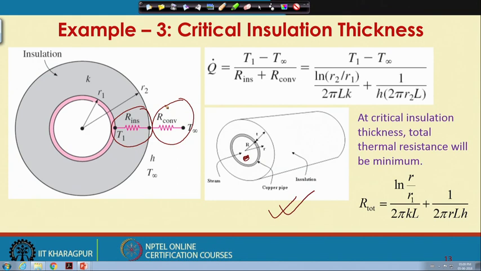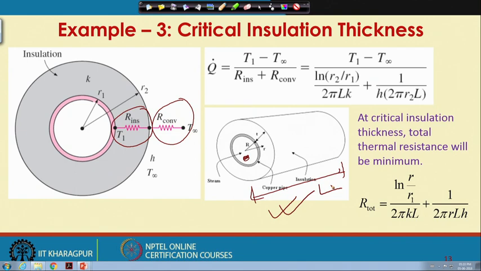Please note that as you go on increasing the insulation thickness, the heat transfer area, which will be 2 pi R2 into L, where L is the length of the cylindrical pipe, will increase.